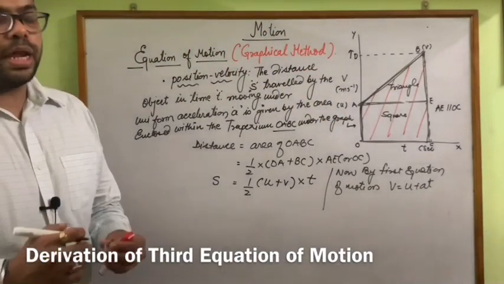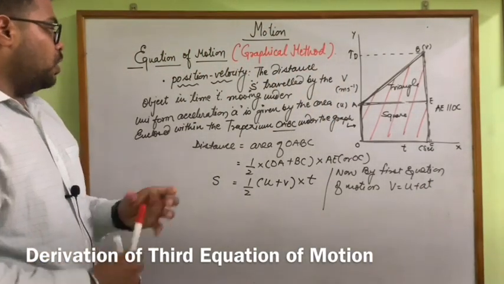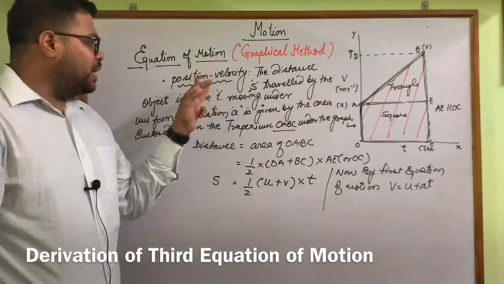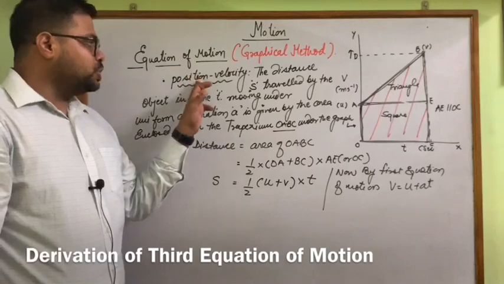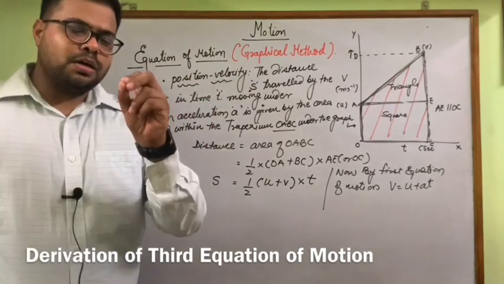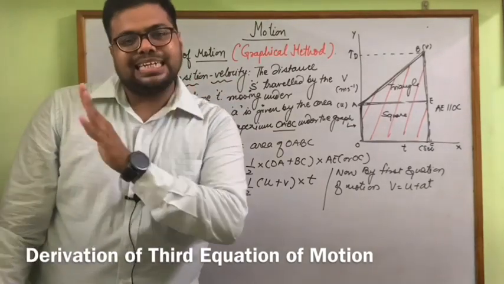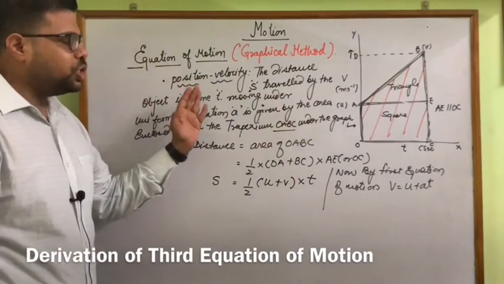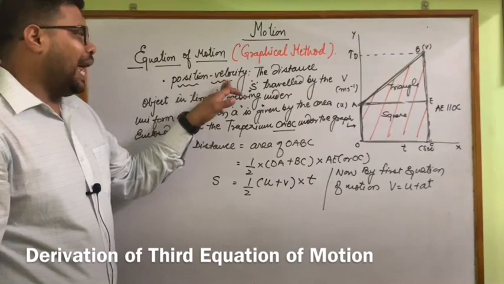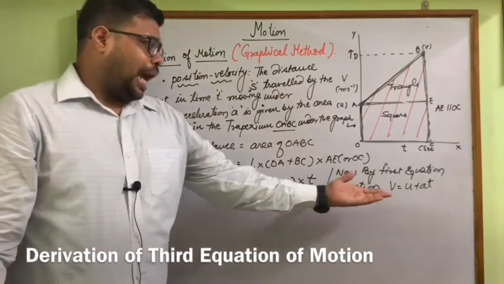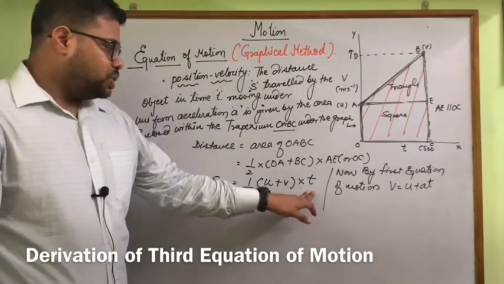Very important. Because we are going to derive the relation between position and velocity, we have to remove the variable time, because this relation is dedicated only to position and velocity. So time is not needed, but in our equation time is there.